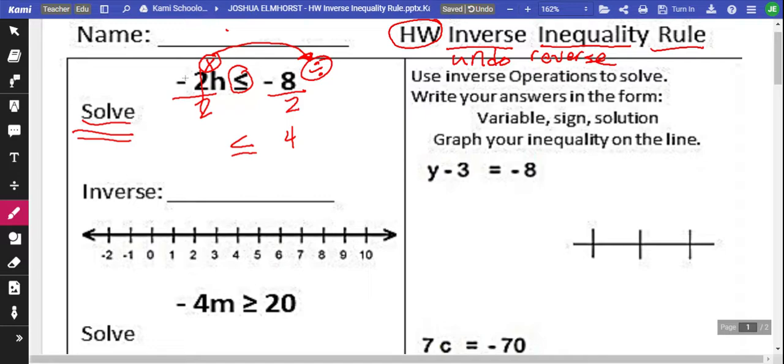But here, what's different is if we have a negative variable, so if we have a negative out here and then we divide by that, what's going to happen is we need to flip our inequality symbol around.